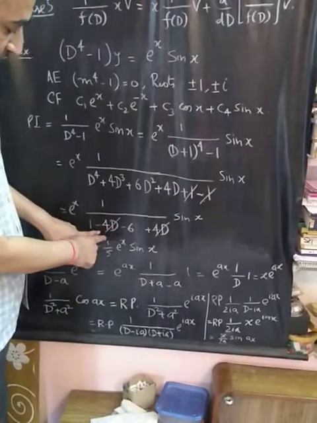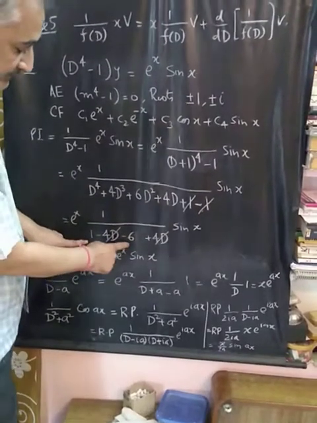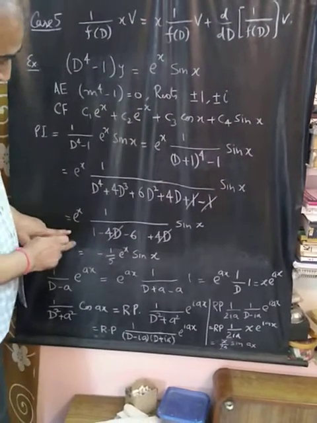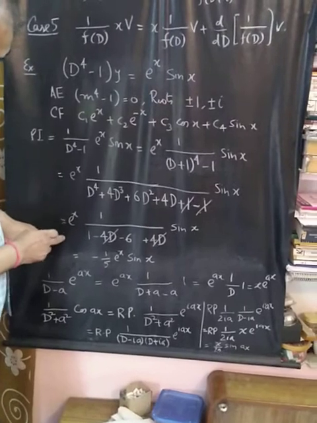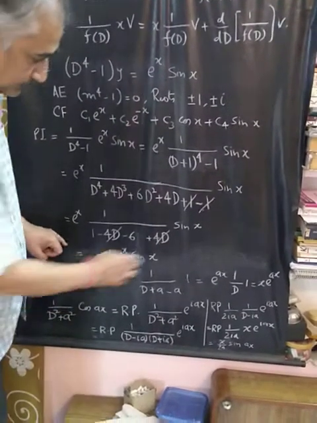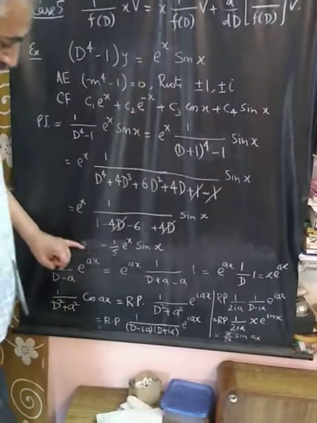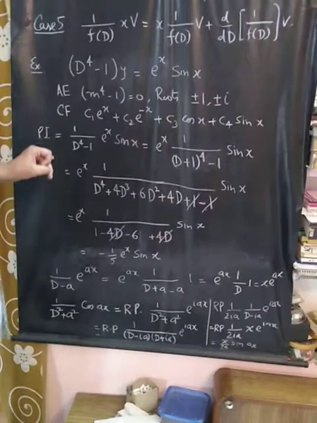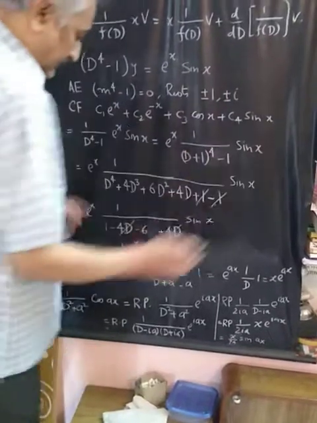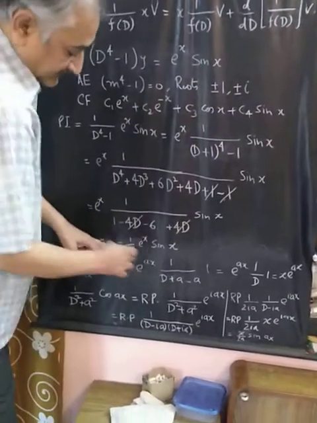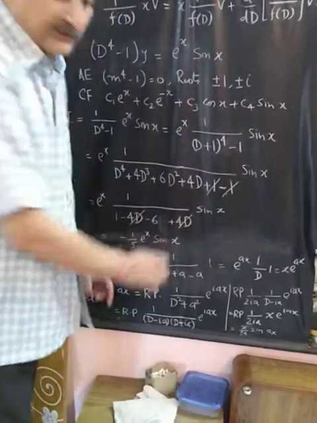This 4D cancels with this 4D, and you are left with 1 minus 6. So you have that the particular integral is given by exponential x into sin x divided by minus 5. So the complete solution is given by this complementary function plus minus 1 by 5 exponential x sin x.